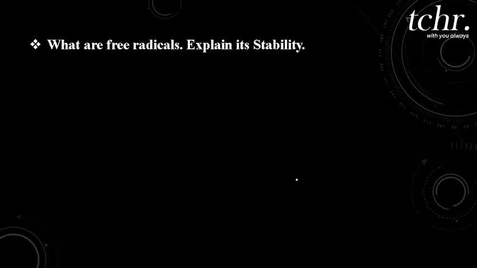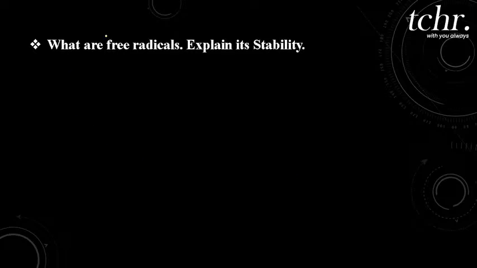An atom or a group of atoms containing an unpaired electron, obtained through homolytic cleavage, is known as a free radical. Explaining its stability is the next question, a 1 mark question. They can ask you to give examples or to explain the stability.